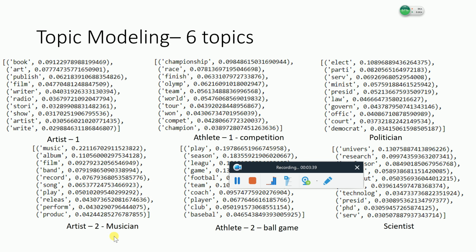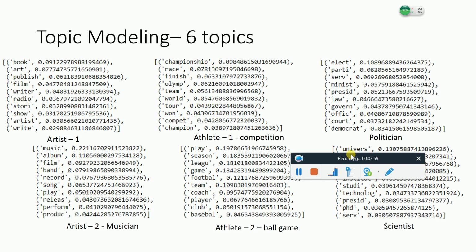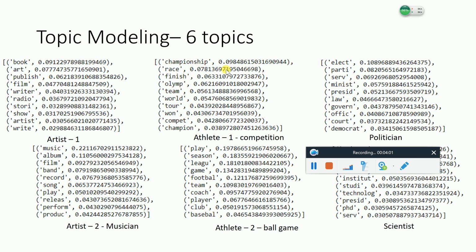So after then, if we increase one more topic, we can find the artist was split in 2, and this one is mostly about the music, album, film, and this one was mostly about the writer, published book. So there might be some topic beneath the artist topic, and also we can find the athlete is also divided in 2.